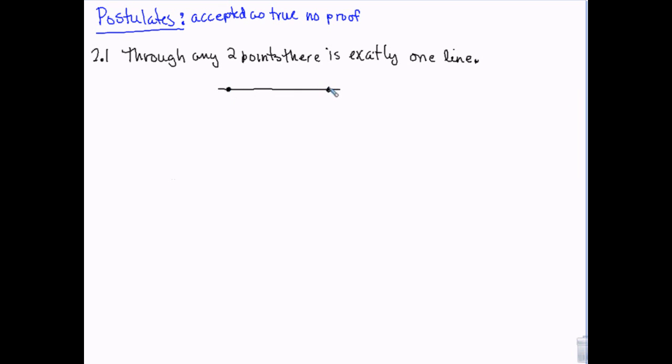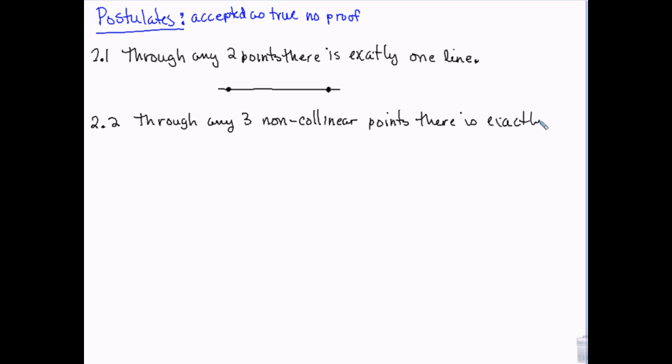So here's the points. If I have 3 points that aren't in a line, any 3 points, there's only one plane that'll contain those points.